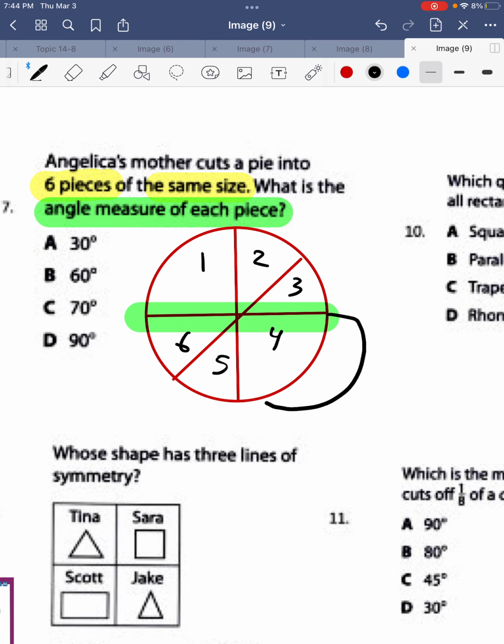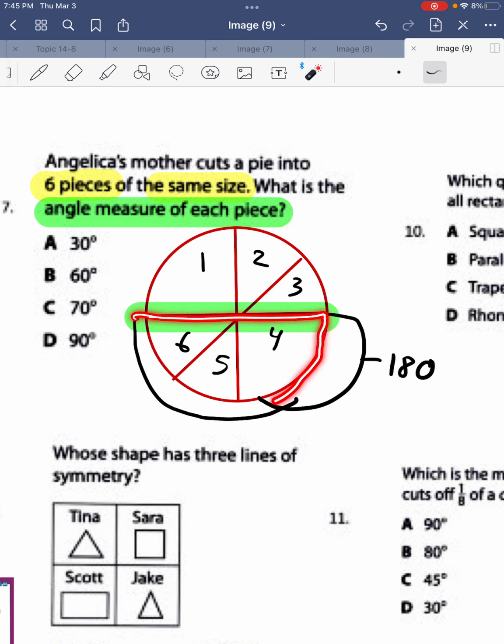All of this is going to measure 180. So if this half measures 180 in a circle, this is my line of symmetry. If this part is 180, that means that this other half is also 180. So I'm going to put 180.